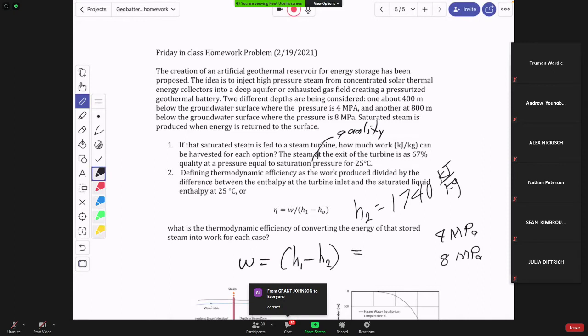Okay, anybody have a number? Want me to help you with the first one? 2800.8 minus 1740. 1060.8 is what I got. Somebody verify that? I got the same value. Okay, great. What about at 8 megapascal?